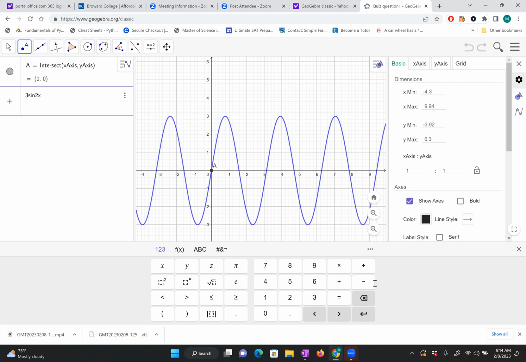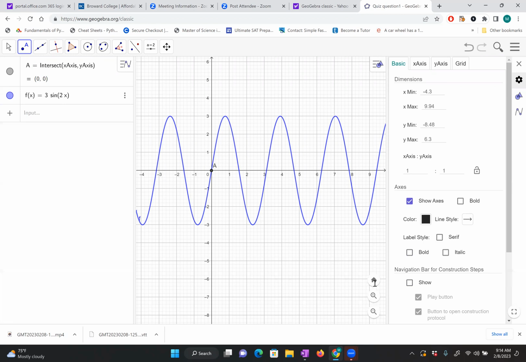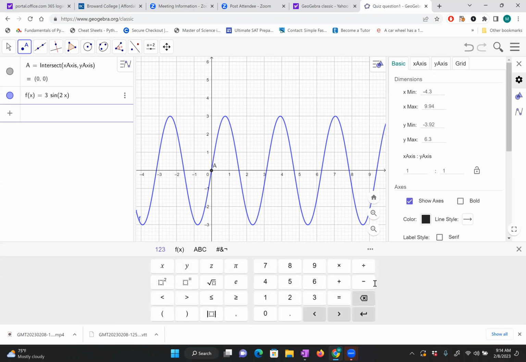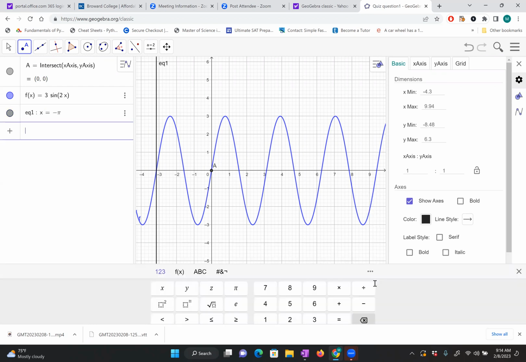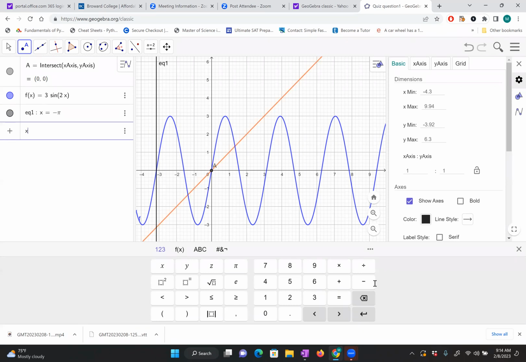Okay, there's your graph. And I'm asking you to start this at x equals negative pi, and I'm also asking you to graph this to x equals 3 pi.